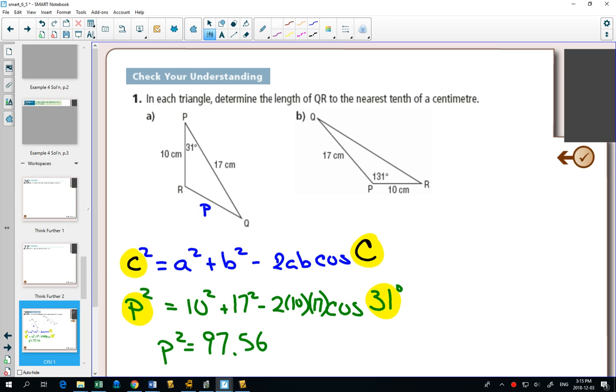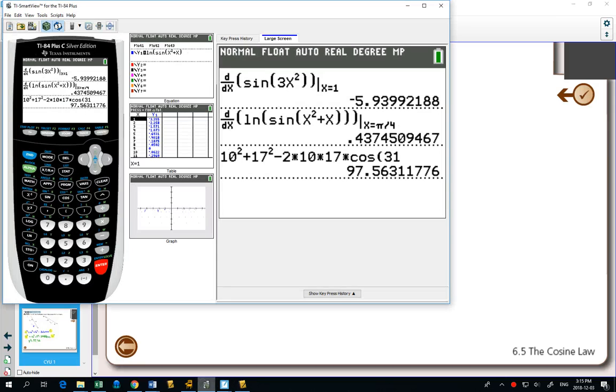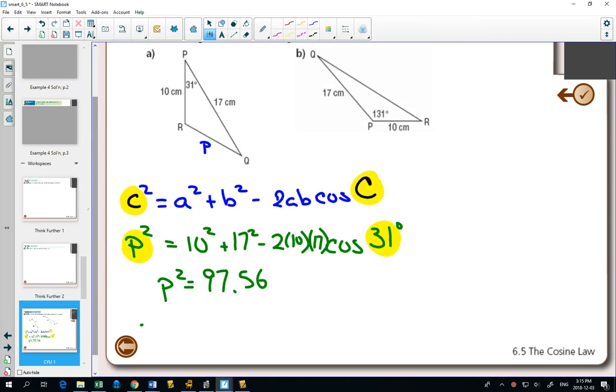If I'd like to solve for p, I'm going to have to square root both sides. Square root of my answer, and p is 9.877. Does this ask us to round it to the nearest tenth? 9.9 centimeters. So again, just like the sine law, once you enter things into your formula, it's really quite easy to solve for and quite easy to use.